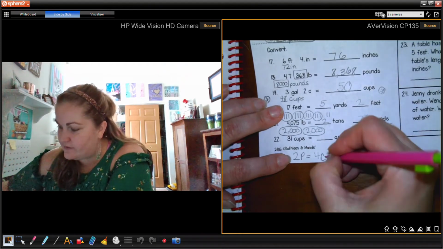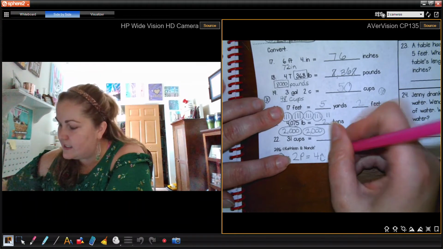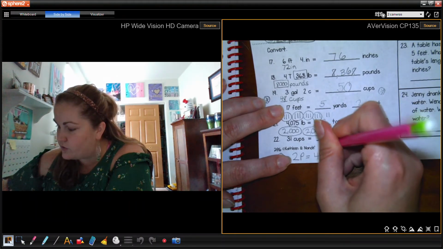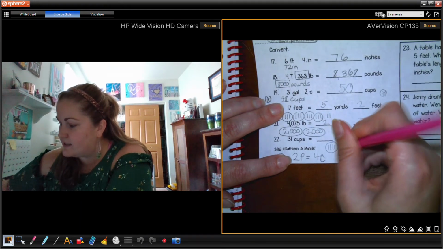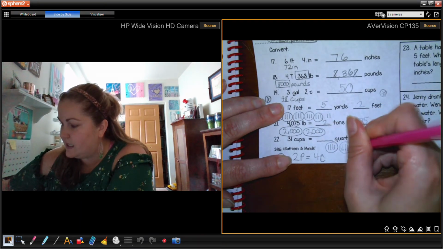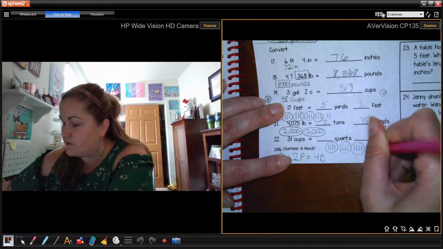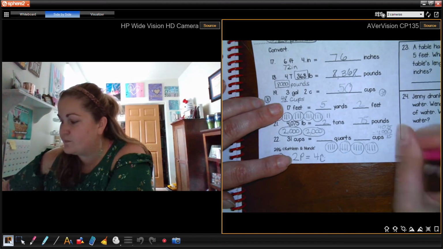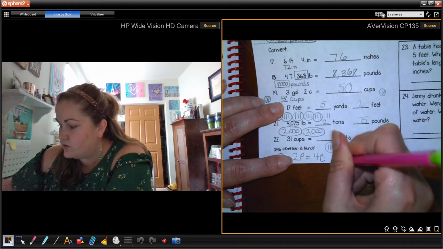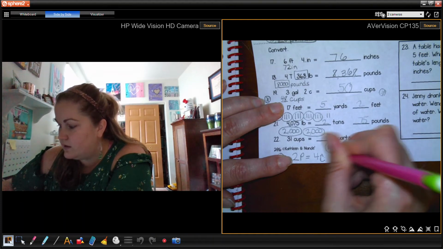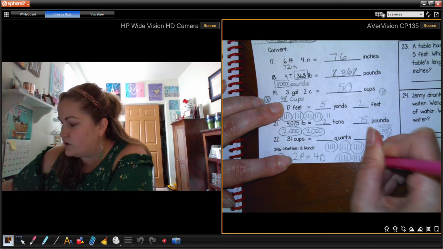Okay, so that means if I can take 4 cups to make a quart, then I can do 1, 2, 3, 4, and that's 1, 5, 6, 7, 8, 9, 10, 11, 12, 13, 14, 15, 16. Really, I'm just dividing by 4. 17, 18, 19, 20, 21, 22, 23, 24, 25, 26, 27, 28, 29, 30, 31.